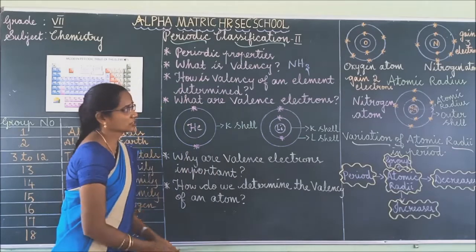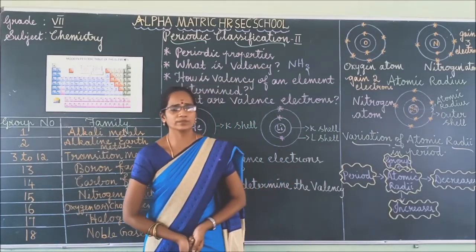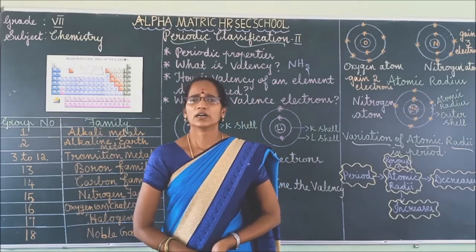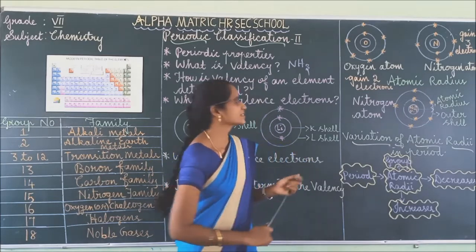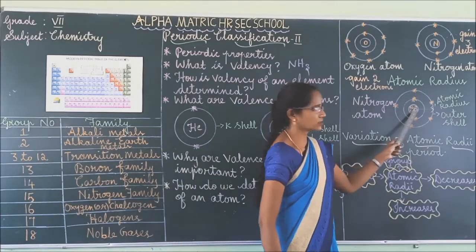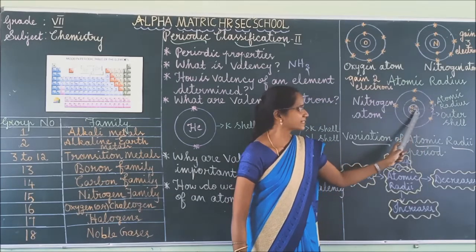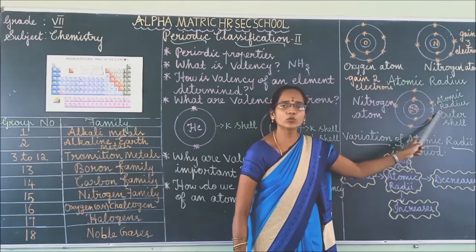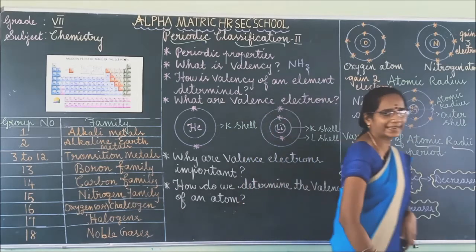Next we can move to atomic radius. Atomic radius is defined as the distance between the center of the nucleus to its outermost orbit. The distance between the center of the nucleus to the outermost orbit of an atom is called the atomic radius.